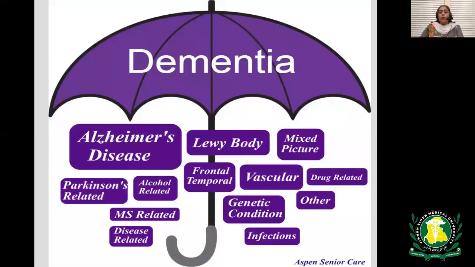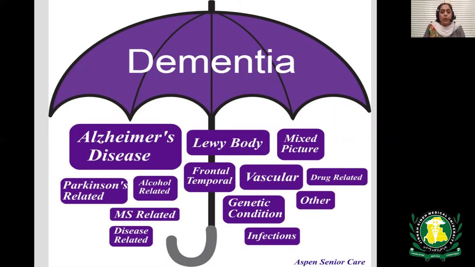So the most common question people ask us is, what's the difference between Alzheimer's disease and dementia? So dementia, as I said, is a syndrome, and as shown in the picture, it is under the umbrella, all the diseases of dementia come under that.